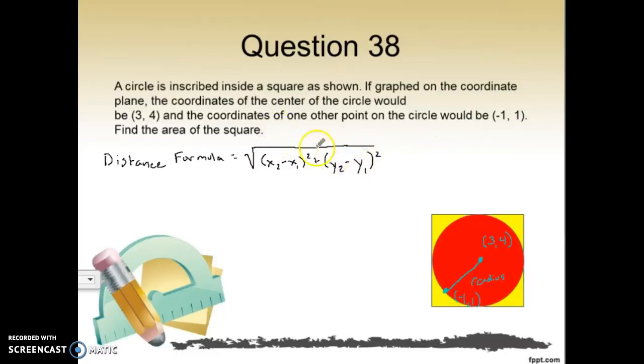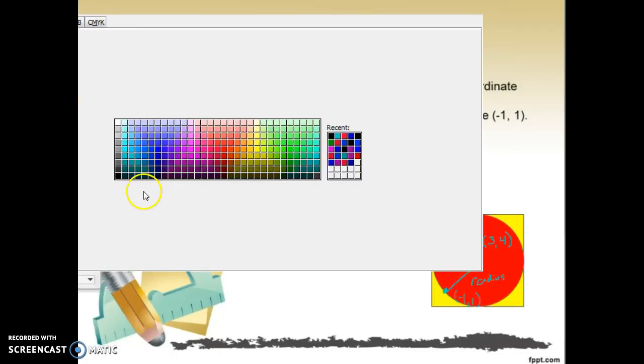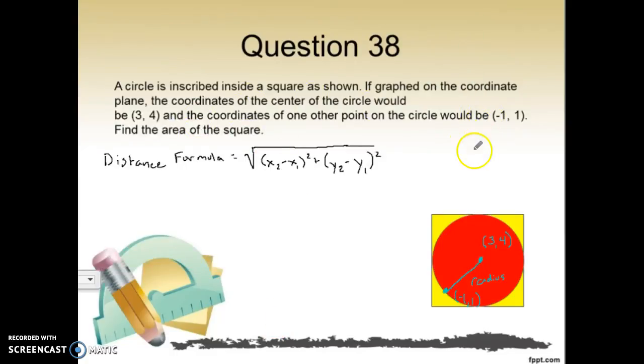The formula looks complicated, but they actually give you this formula on the EOC, so all you have to do is substitute into it. The center of my circle is at (3, 4), and I'm going to call that x1, y1. The point on the circle is at (-1, 1), so I'm going to call that x2, y2.